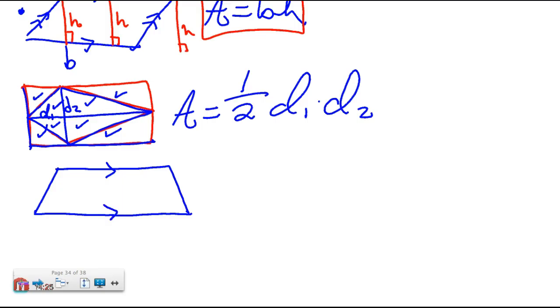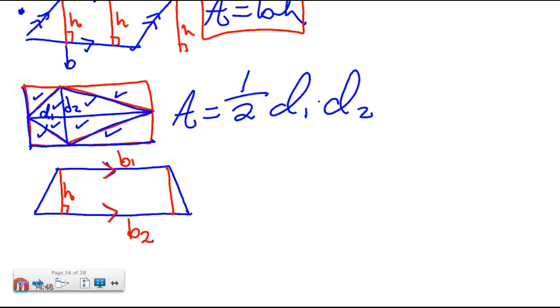I'm going to label some stuff on here. I'm going to call this base 1. I'm going to call this base 2. And the bases are the parallel sides. And then the height is the distance between the bases, which usually is put here, and sometimes inside of it, or I could have put it over here and called this the height.